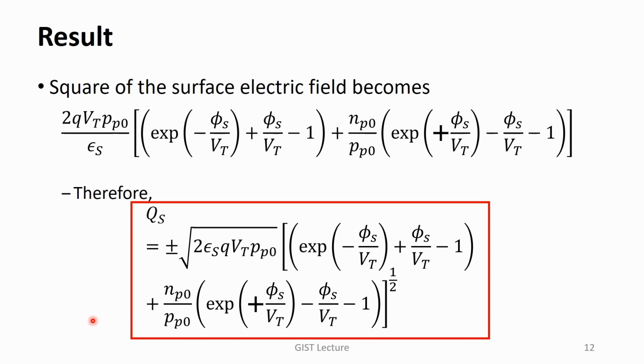Yes, it is exact, but it is noted that such an exact relation cannot be obtained for general cases. By solving the MOS equation together with this relation, we can accurately get the semiconductor charge Q sub s and the surface potential phi sub s.